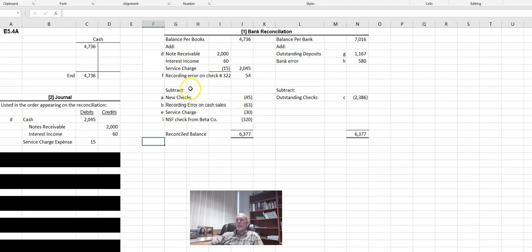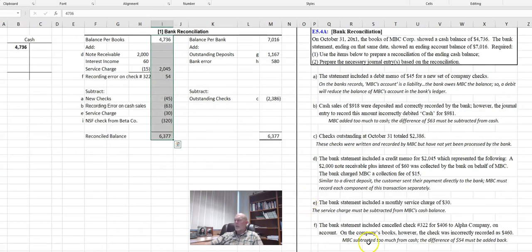The next item, item F, it was a recording error on check 322, $54. So again, we're adding $54 to cash. So we know that's a debit to cash. Now this one, let me look back at the problem. Item F, that was for a check that we had written on account.